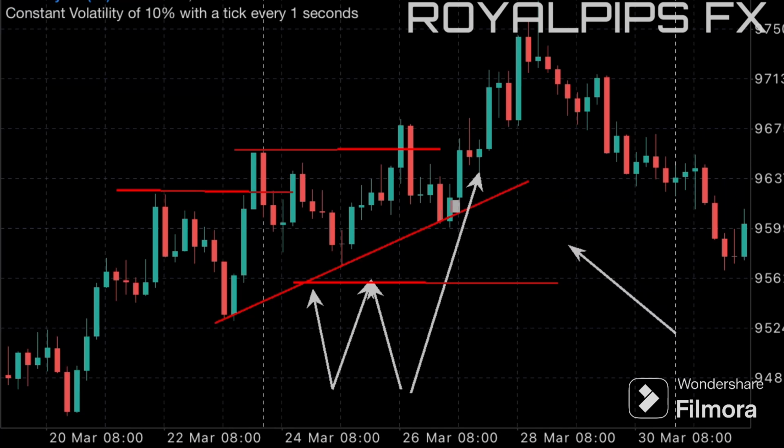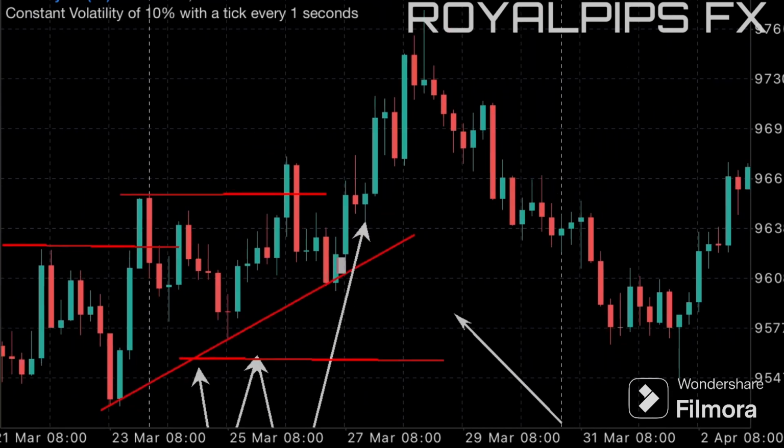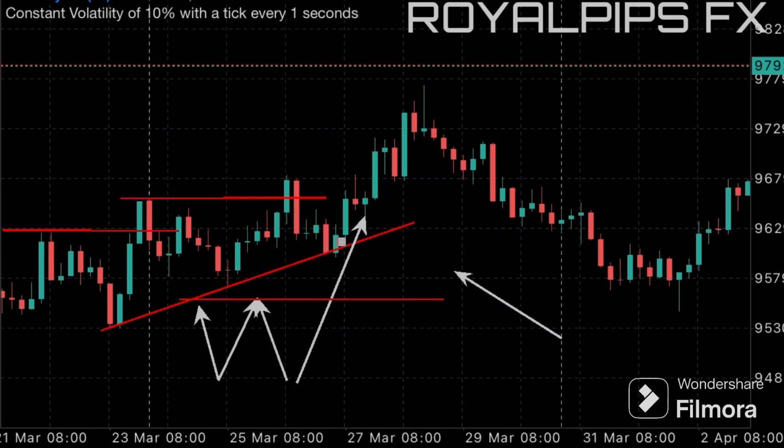We will look for a double bottom or a head and shoulder pattern on the 15-minute time frame. This is our entry confirmation. That is what we are to see before we execute the market.